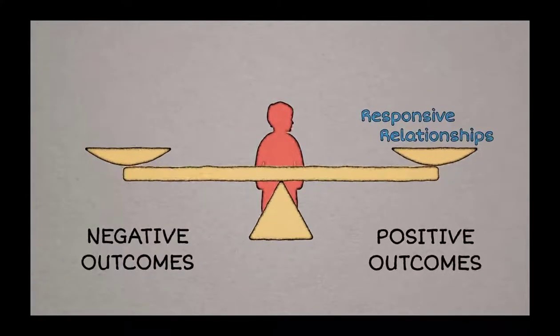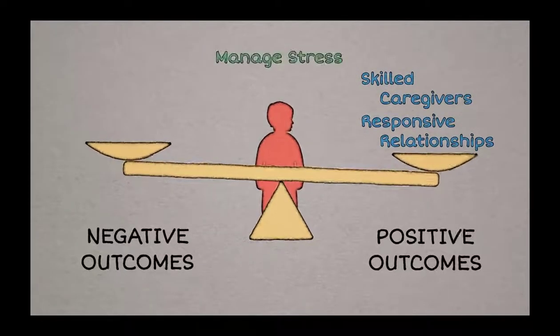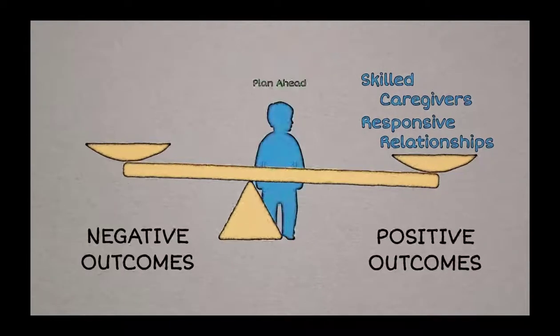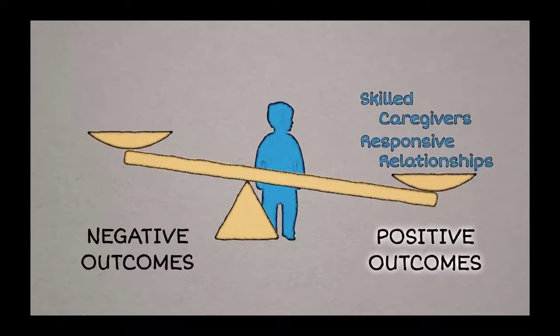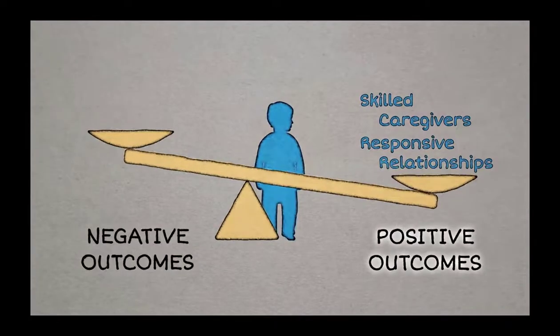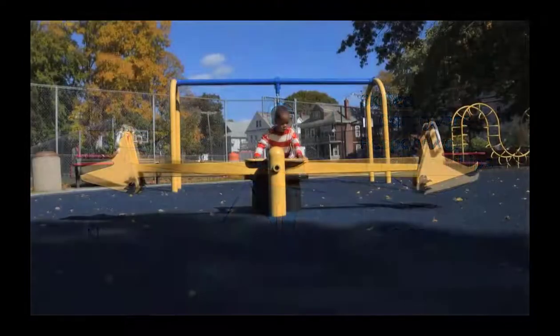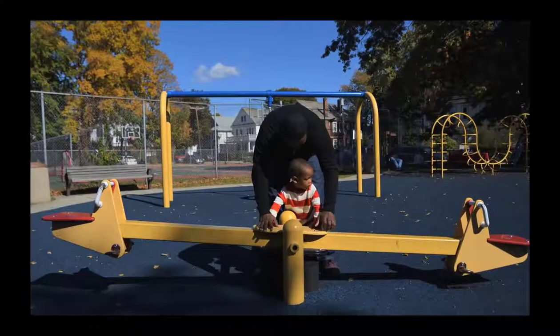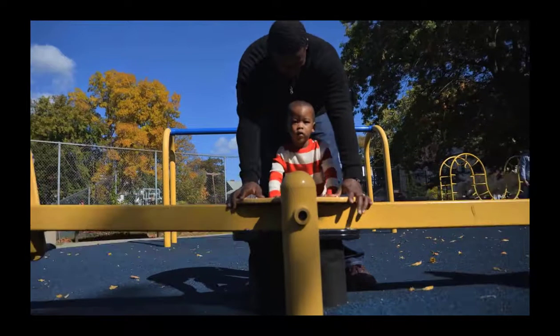When positive experiences accumulate and children learn coping skills that help them to manage stress, the fulcrum can slide, so the scale tilts toward positive outcomes more easily. That's what resilience is all about. There's always an adult, or more than one adult, who is key to providing that relationship that helps to build resilience.